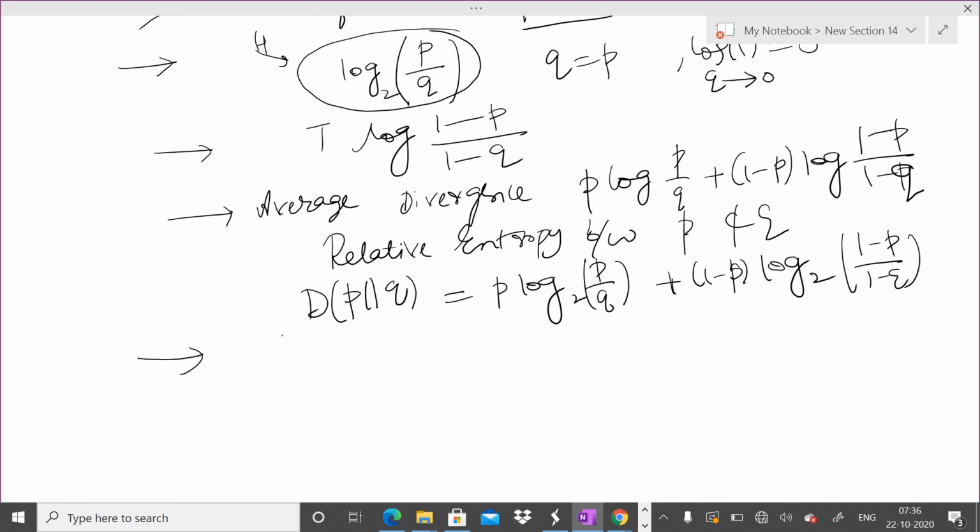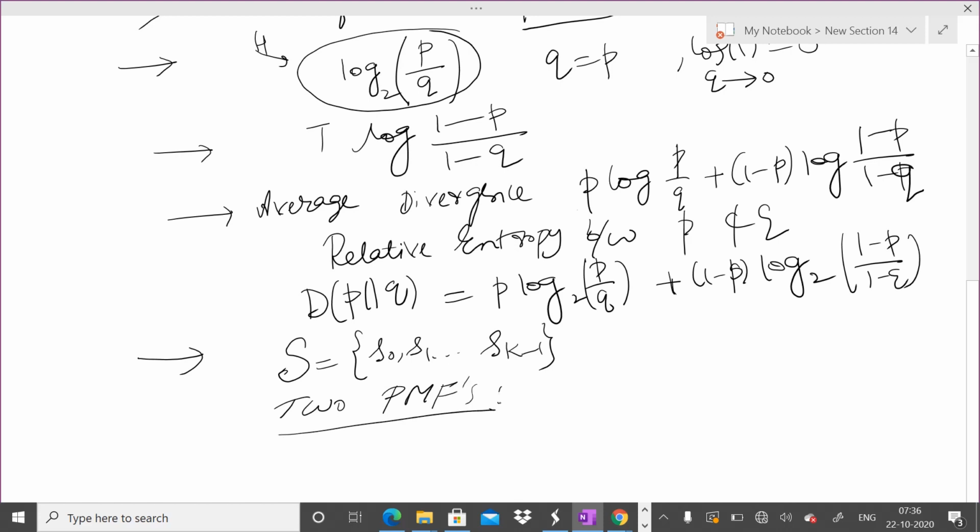So S was a Bernoulli random variable. It can take only two values. Now suppose you have a general alphabet set S as usual, and it can take any values S0, S1, up to Sk minus 1, and we have two probability distributions over it. Since it is a discrete case, we have two probability mass functions.